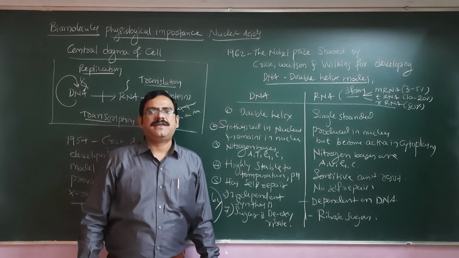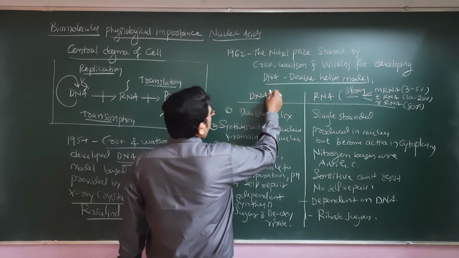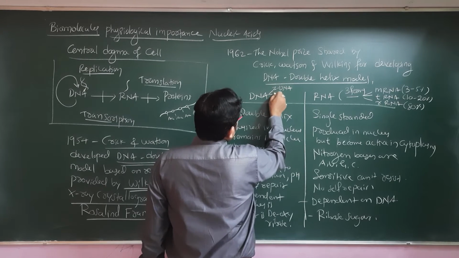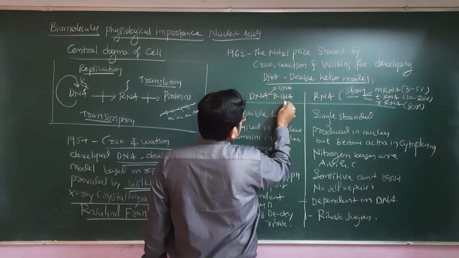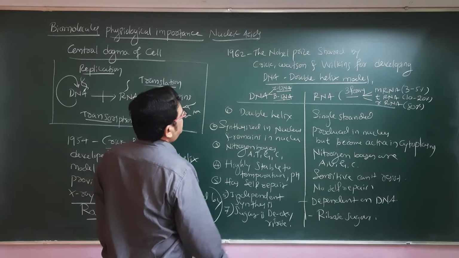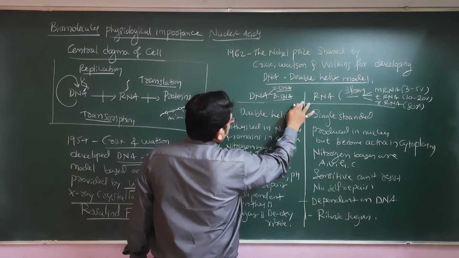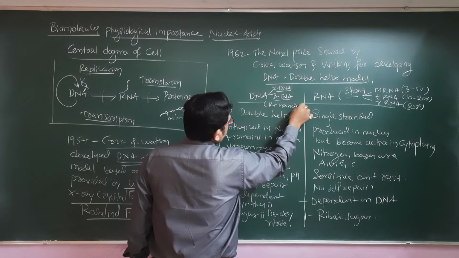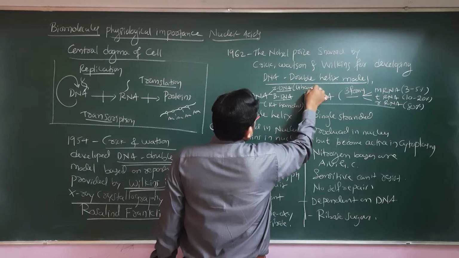But DNA can be zDNA as well as bDNA. The well-known types are zDNA and bDNA. bDNA is right-handed, zDNA is left-handed. So bDNA is right-side winding, right-handed, and zDNA is left-handed.